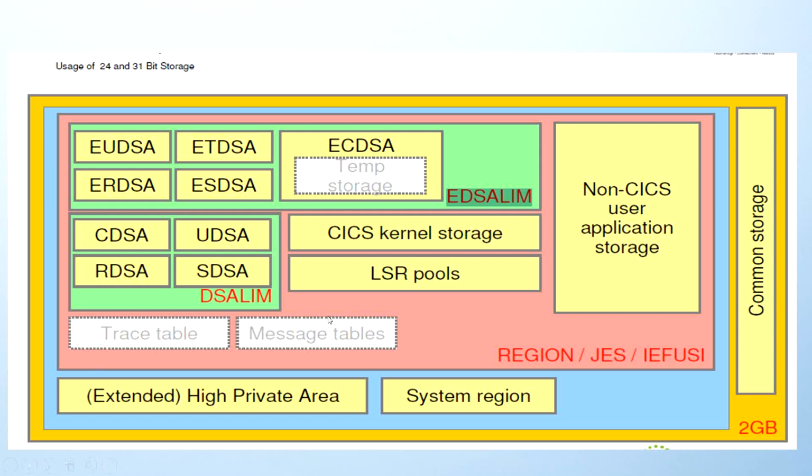But this is how a CICS address space looks like, apart from the normal general z/OS architecture address space. It is even subdivided into these DSAs, like CICS DSA, user DSA, read-only DSA, and shared DSA. So each DSA has its own purpose in turn. We're going to see that further, but this is just a glimpse.